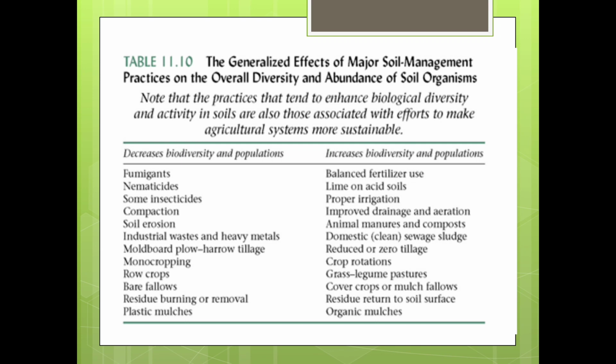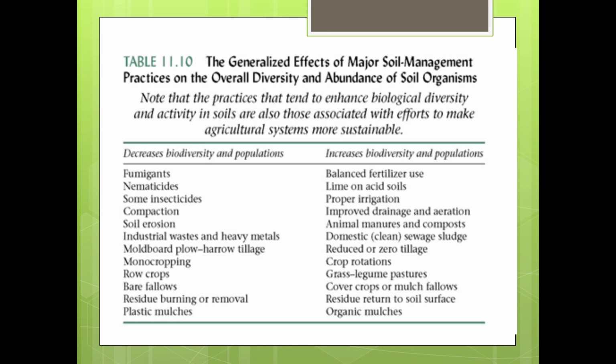So on this side, for example, if you use fumigants, nematicides, some insecticides, when the soil is compacted, when there's erosion, when there's presence of industrial waste and heavy metals, when you use moldboard plow and harrow in tilling your area, when you do monocropping, row crops, bare fallows, and when you burn or remove the residue of the crops and use plastic mulches, those practices will decrease the biodiversity and population of organisms in the soil.